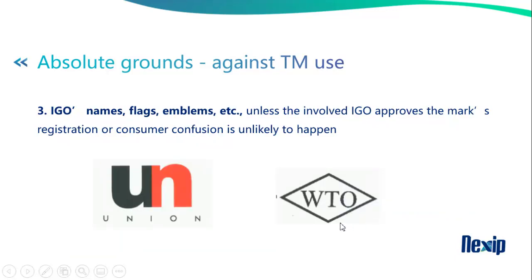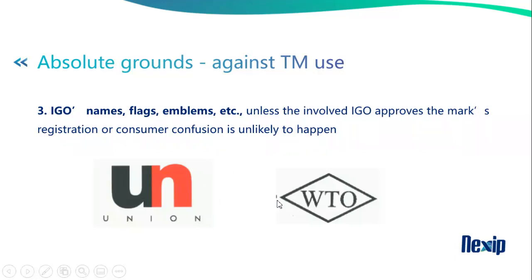So this is the third circumstance, which is intergovernmental organizations' names, flags, emblems, etc. These marks cannot be registered and used as trademarks in China unless the involved IGO approves the mark's registration, or consumer confusion is unlikely to happen.